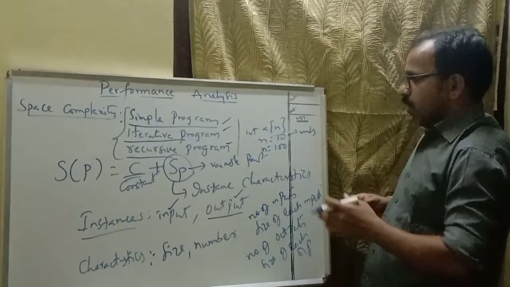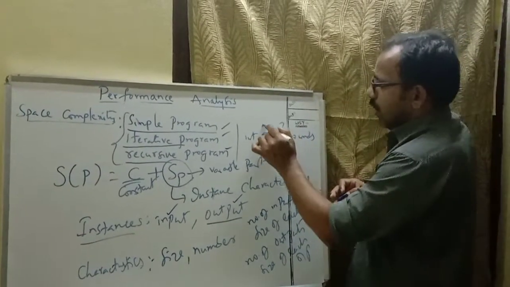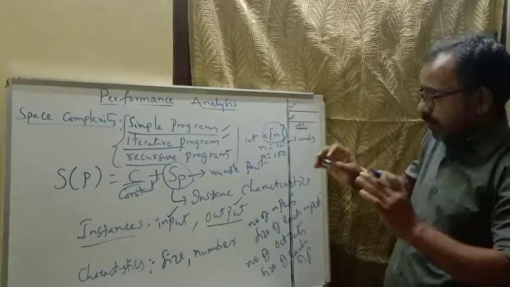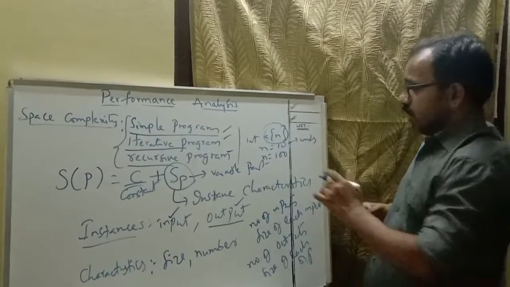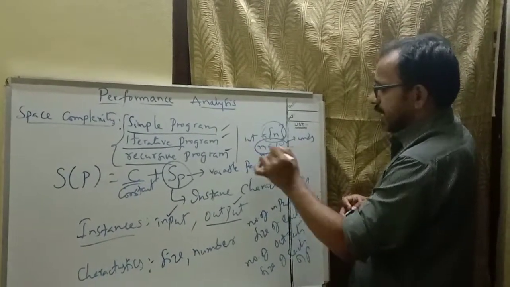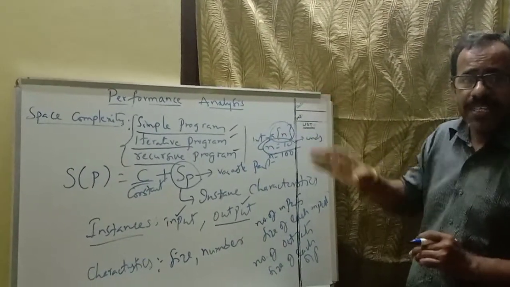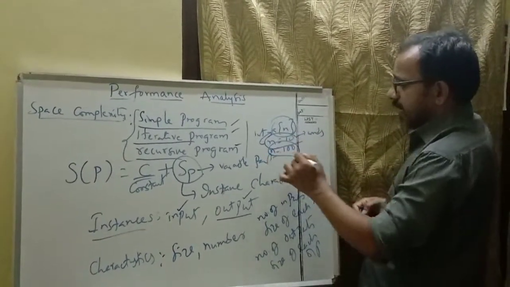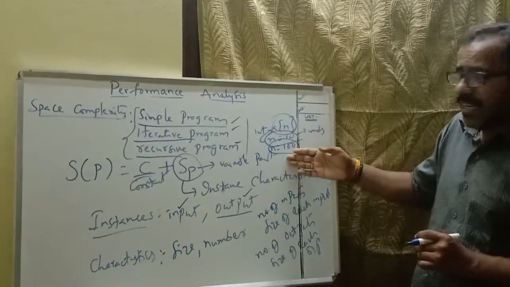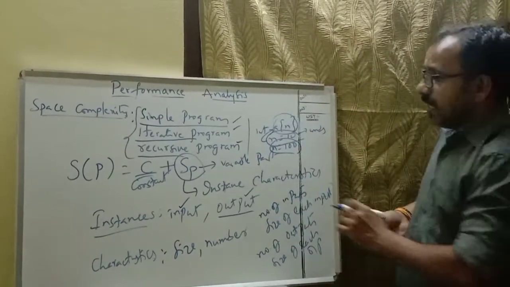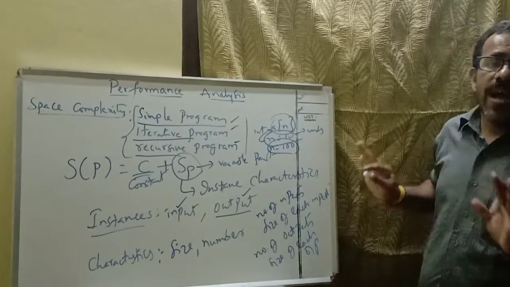Suppose you write a program to add n array elements. If you enter n as 10, it requires only 10 cells. But at the next instance, if you enter n as 100, this instance requires 100. It means the space required at running time is varying.